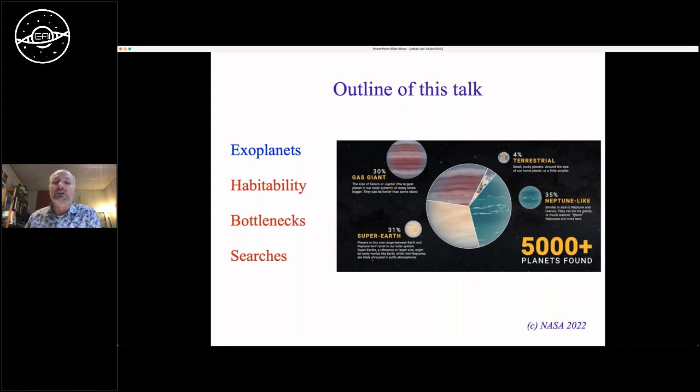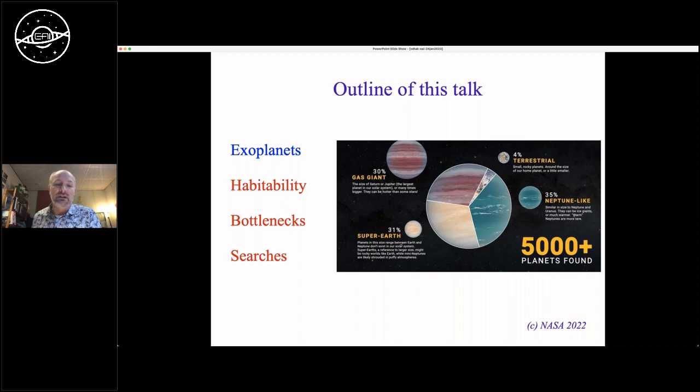As of last year, we know 5,000 planets around other stars. A very impressive number, and there are several different types of planets known. As you see here from this graph, about 1/3 are gas giants, much like Saturn or Jupiter, a bit larger sometimes. About 1/3 are somewhat smaller, like Neptune or so.